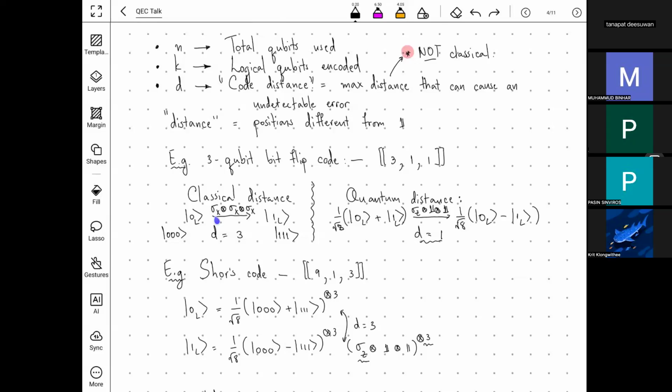So just one phase flip using a single Pauli Z matrix will send the system into a different state that is undetectable by the code. Therefore, you can say that the 3-qubit bit flip code is a 3-1-1 code, meaning 3 total qubits, 1 logical qubit, and code distance of 1.